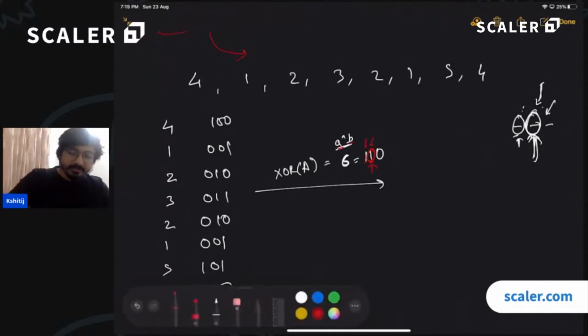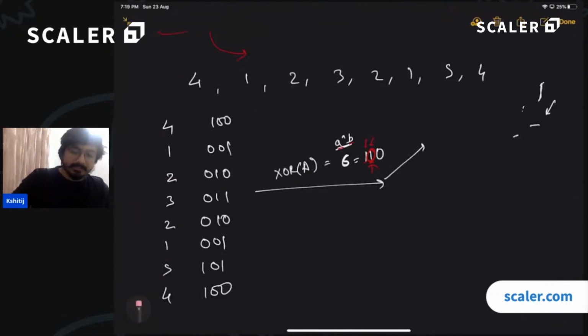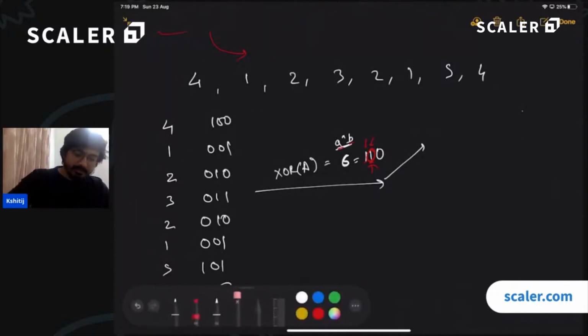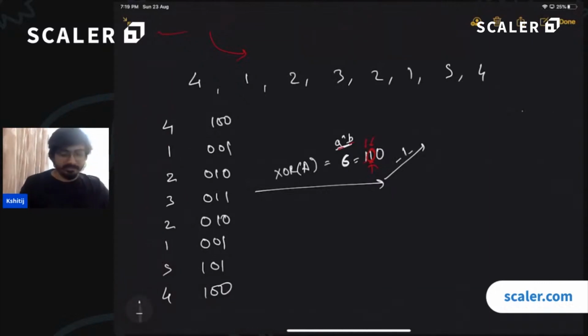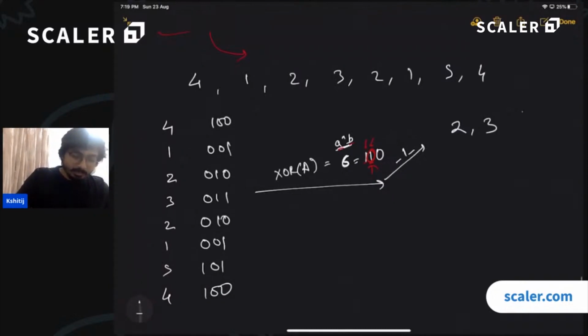So let us say here we are keeping all the numbers which have got a set bit at this position. So 4 has not got a set bit, 2 has got a set bit, 3 has got a set bit, then 2 again has got a set bit, and that's it, right?